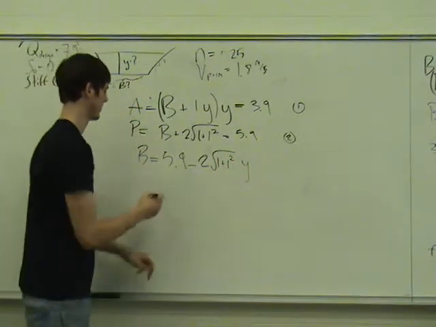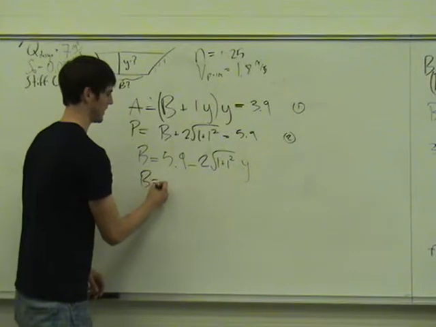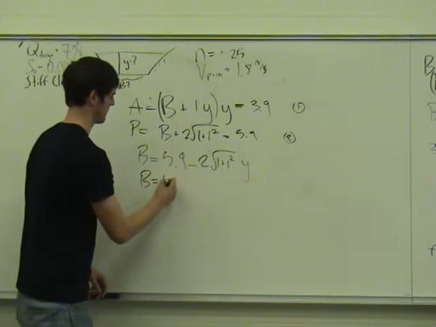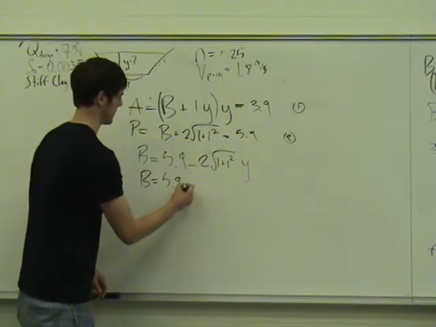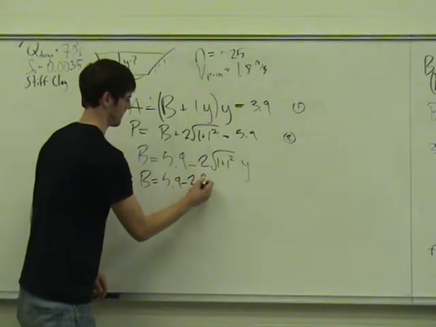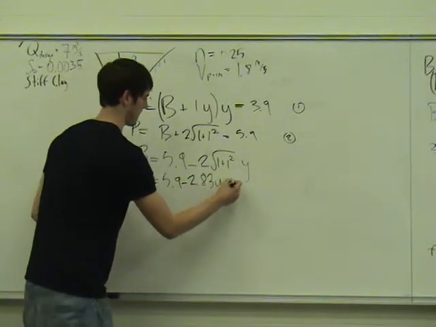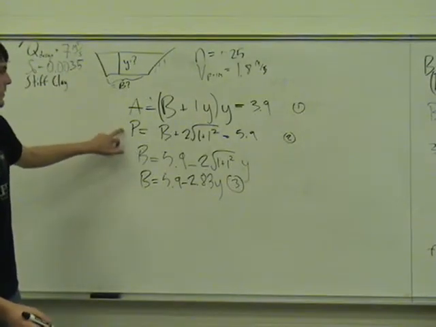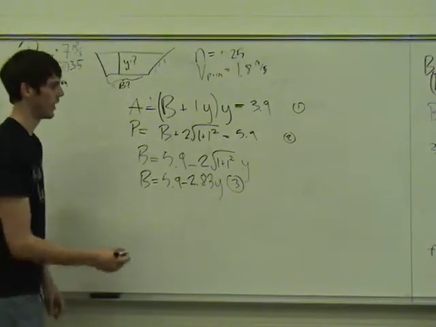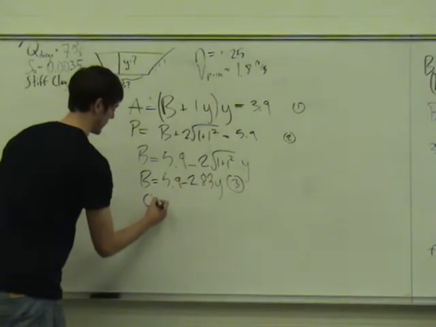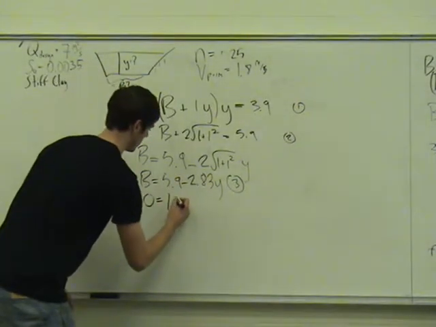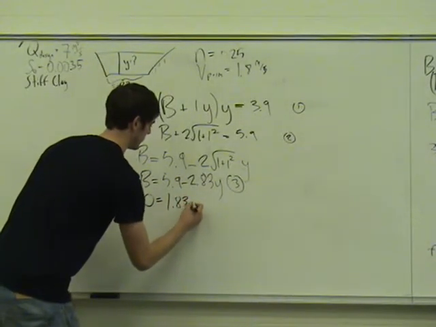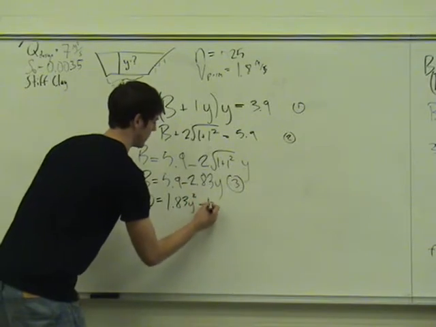And then solve once again to get B as a function of y. Now we can plug 3 into 2, get a function for just y, and setting that function equal to 0, it's going to look something like this.